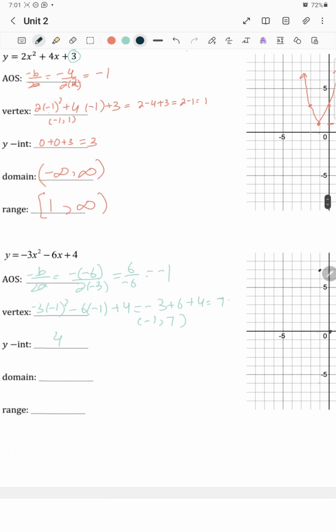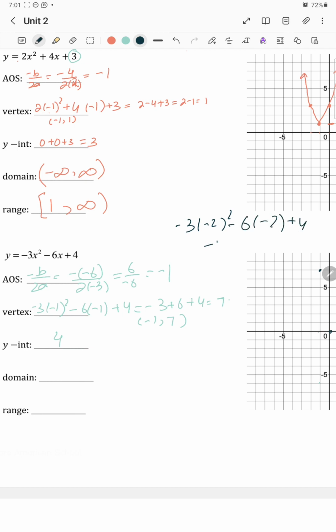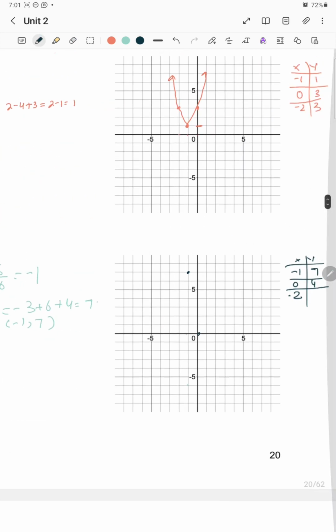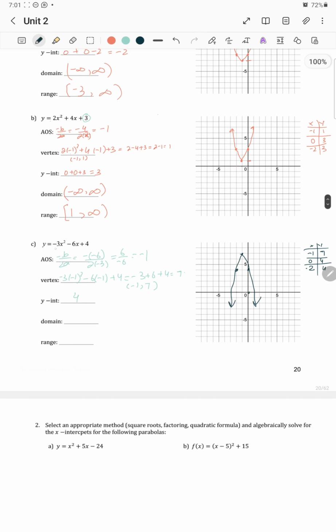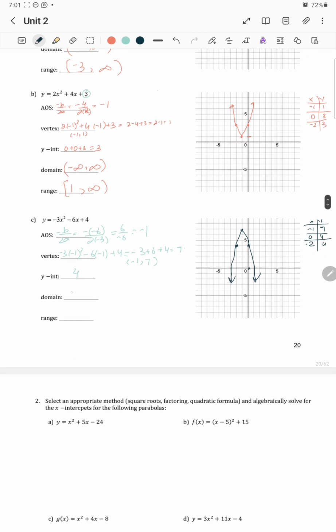For -2, y is going to be downwards because the sign is negative with x squared. So the domain is going to be all the x values, which will be minus infinity to plus infinity, and the range would be from negative infinity to 7.